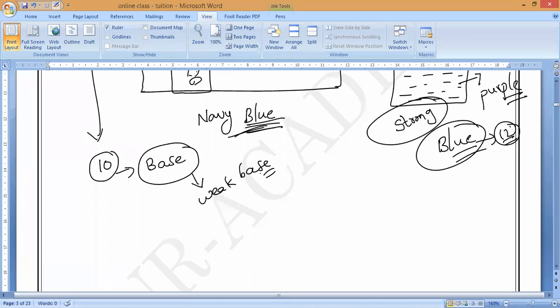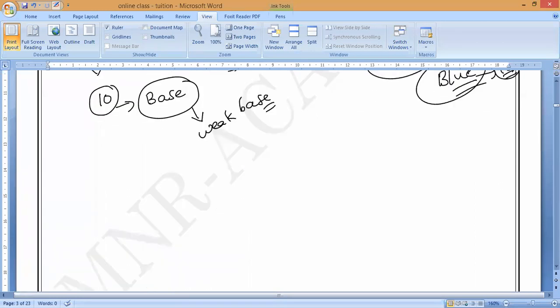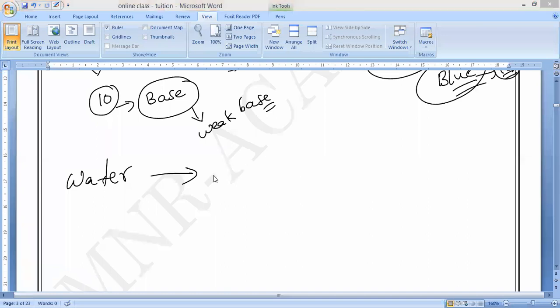Now, if I add water, what will happen? Hello, I am adding water to the universal indicator, not alkali, not base. I'm saying water. If I add water to the universal indicator, what will happen? Green. It will produce a green color.